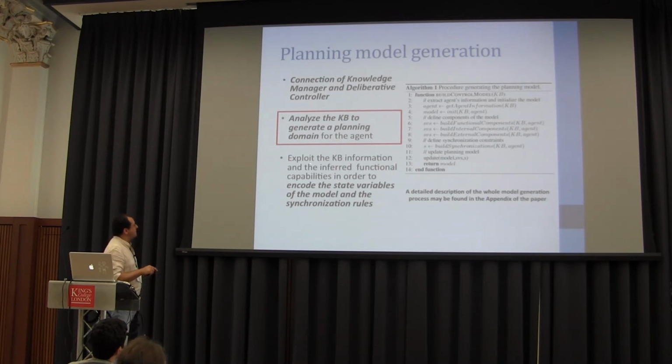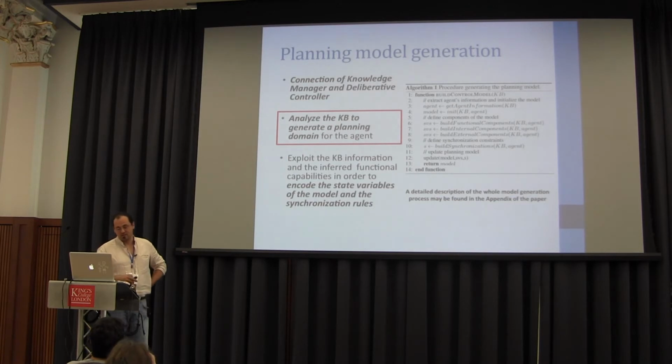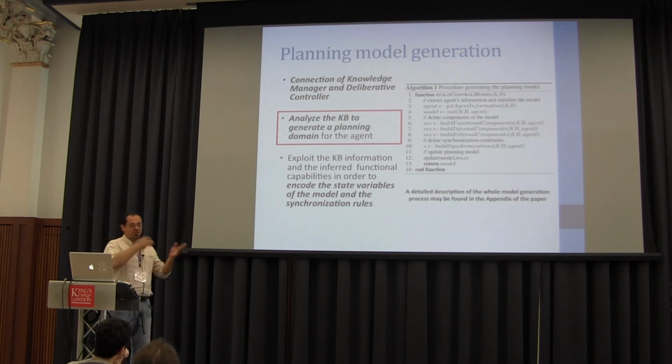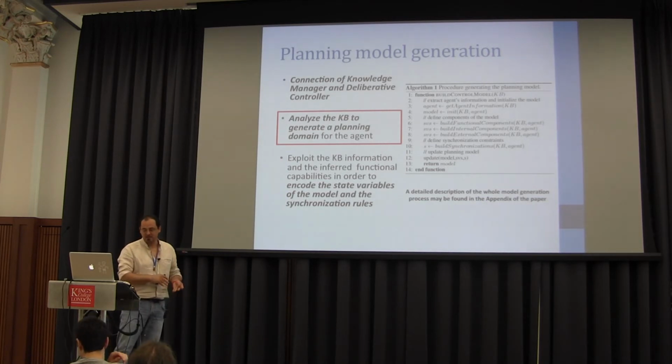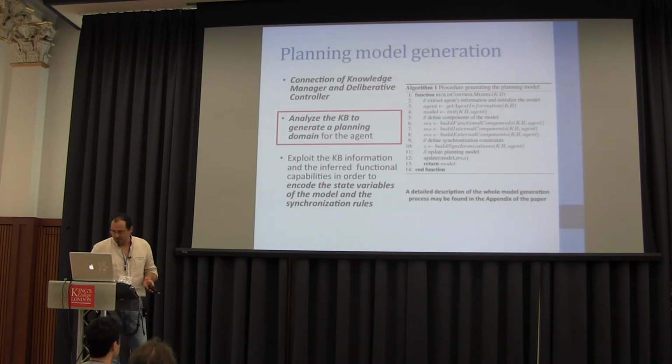This process exploits the knowledge base information and the inferred functional capabilities of the system in order to encode this information in terms of state variables and synchronization rules, according to the modeling approach that I listed before.